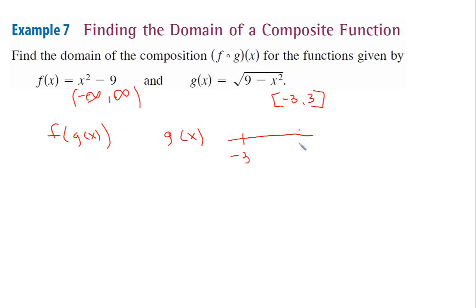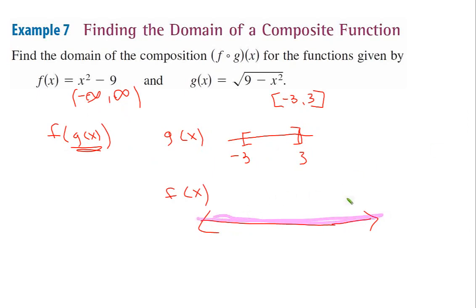It's basically negative 3 to 3. This is the domain for g of x, the inside function. The outside function, f of x, the domain is basically the whole number line, negative infinity to infinity.